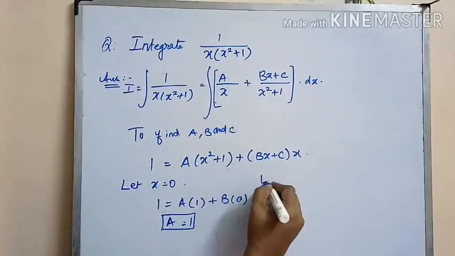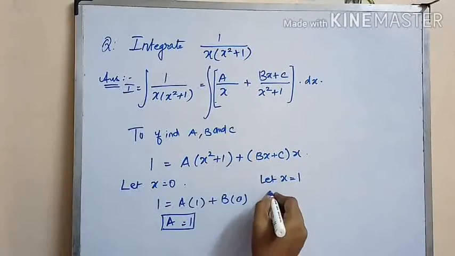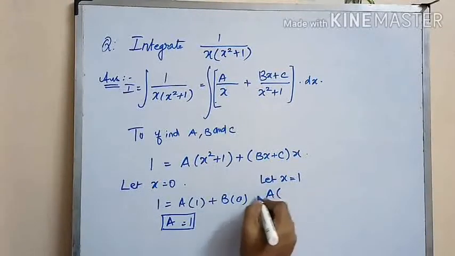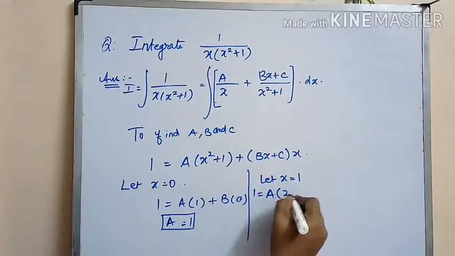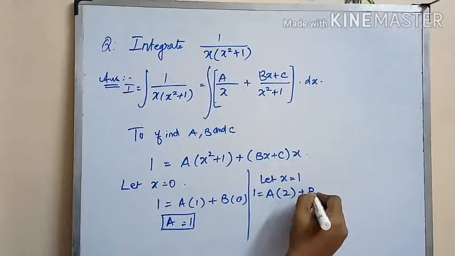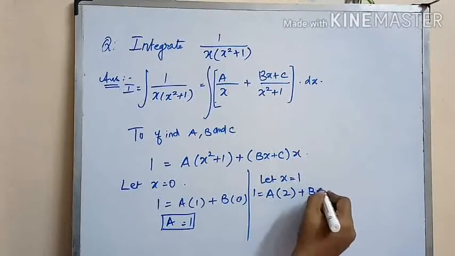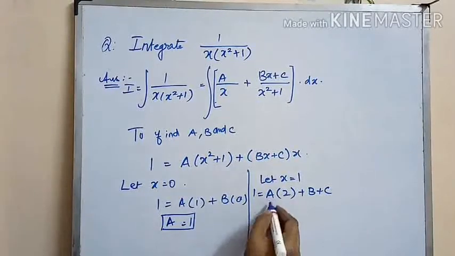We need to find b and c. So let us substitute x is equal to 1 in the above equation. So we get 1 is equal to a into 2 plus b plus c. We know that a is equal to 1.